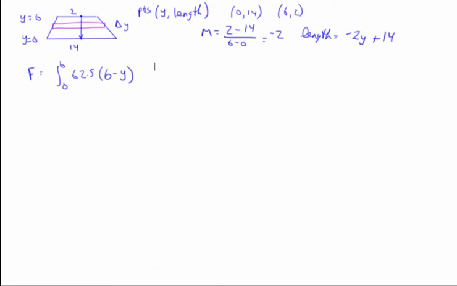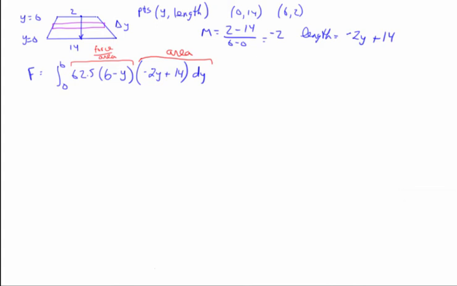And this is going to be our force per area. And now we're going to multiply it by the area. And the area will be our length. So it'll be negative 2y plus 14 times dy. And dy being our delta y when it goes to 0.